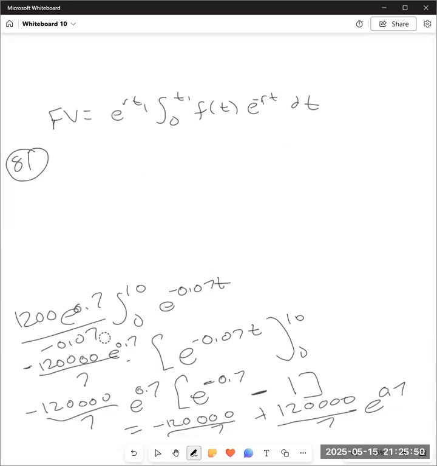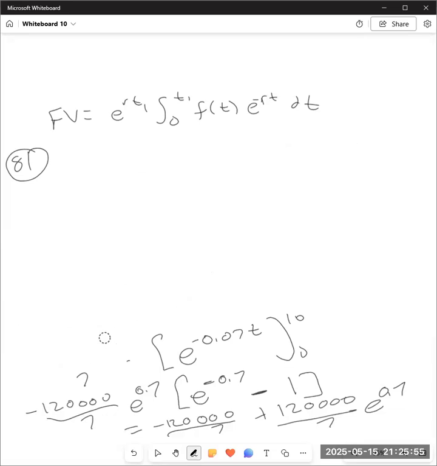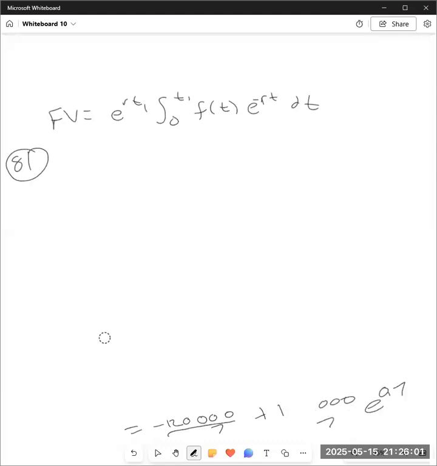For the second part, we have a difference of two future values, and the bigger interest rate is going to produce the bigger future value.